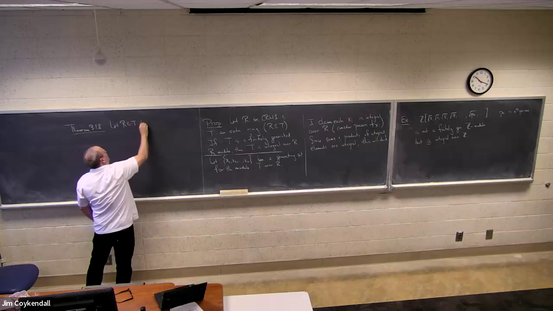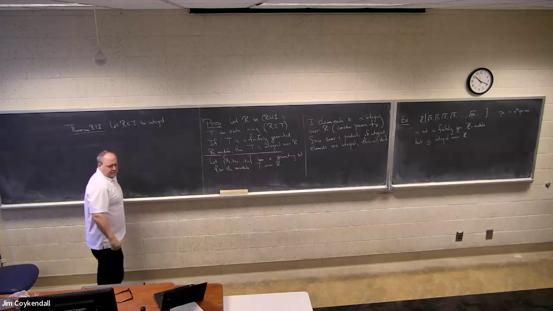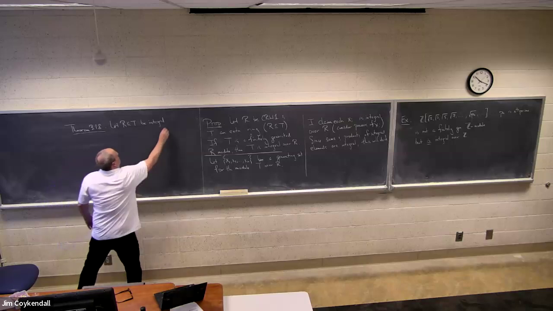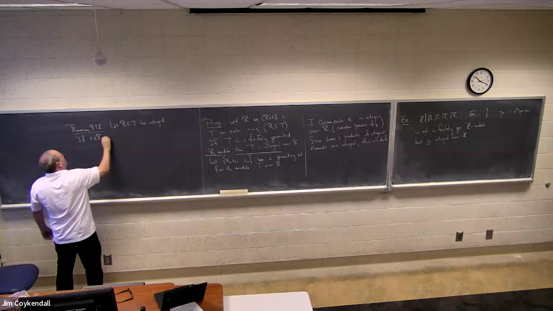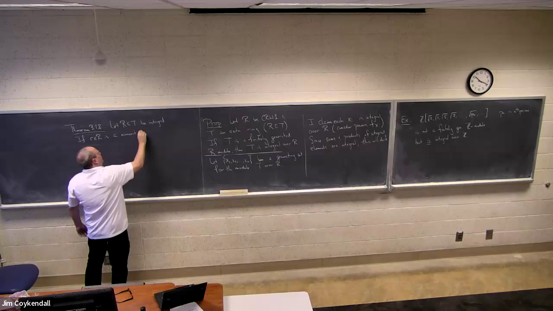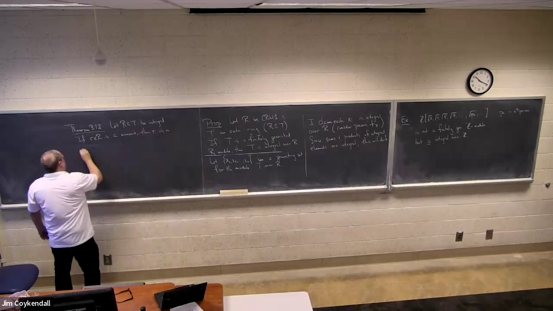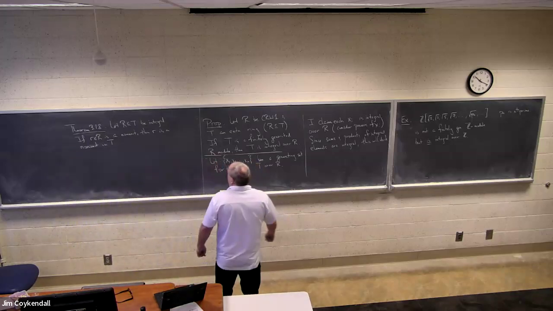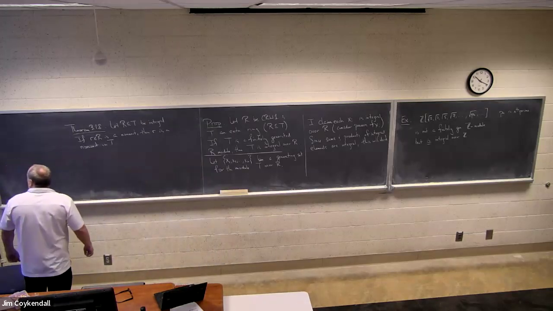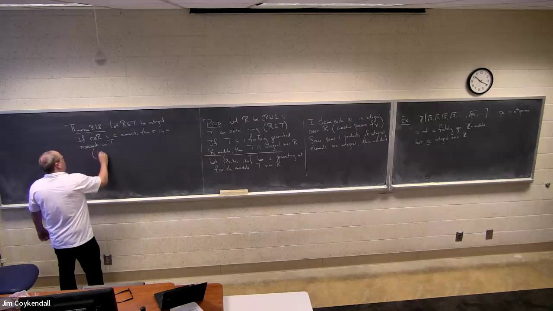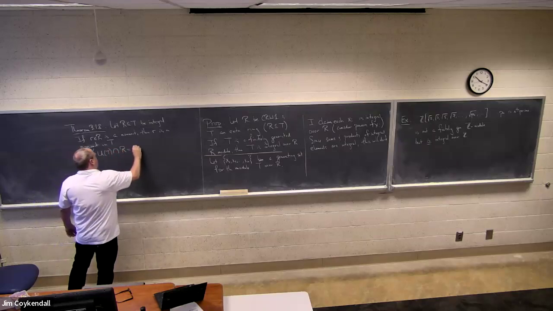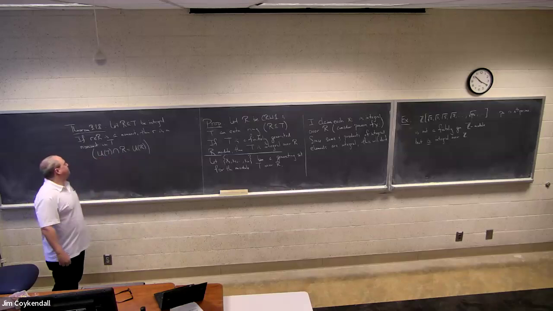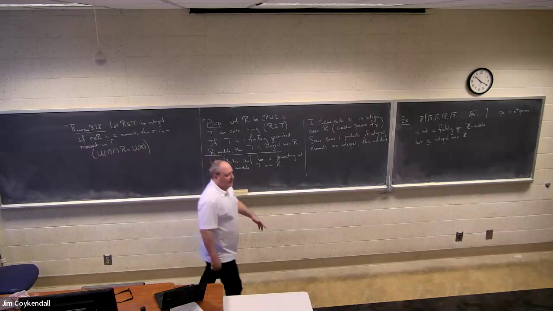Let R be contained in T be an integral extension. If r in R is a non-unit in R, then r is a non-unit in T. In particular, when you take the units in T and intersect with R, you get the units of R. I call this the no new units theorem.